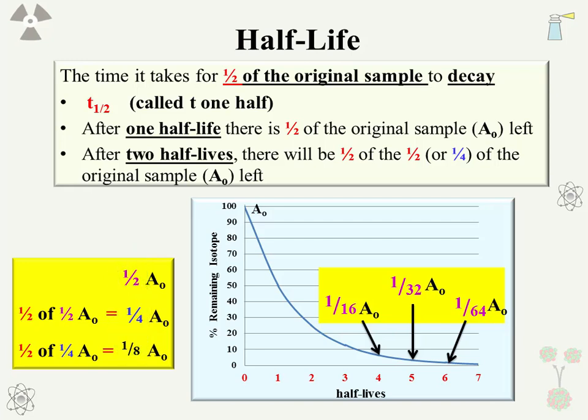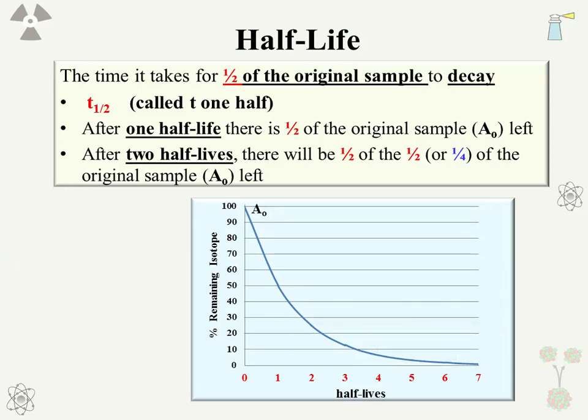Returning to the 1/2, 1/4, and 1/8, multiplying by 1/2 is the same thing as dividing by 2. Multiplying by 1/4 is dividing by 4. And multiplying by 1/8 is the same thing as dividing by 8. This is a cleaner form of the relationship, and it allows us to develop a useful means of obtaining the remaining amount of a given sample of radioisotope after some period of time, starting with the first half-life.